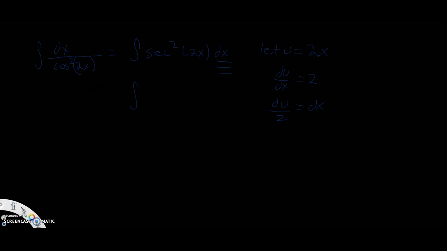And now I could say secant squared of u du, and don't forget the 1/2. So now the antiderivative of secant squared is what we said before, tangent of u plus c. So now we're going to get 1/2 tangent 2x plus c. And that's it for tonight.